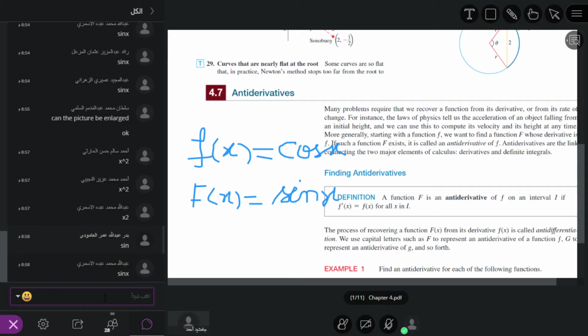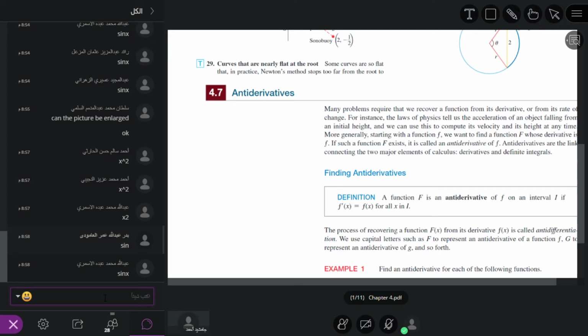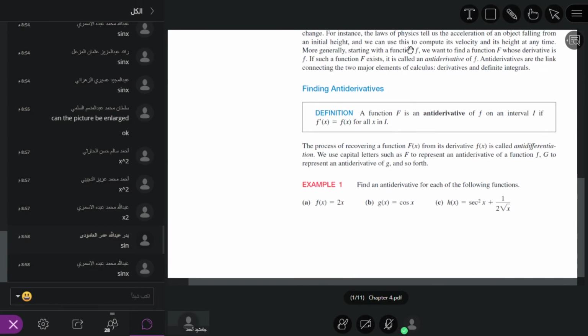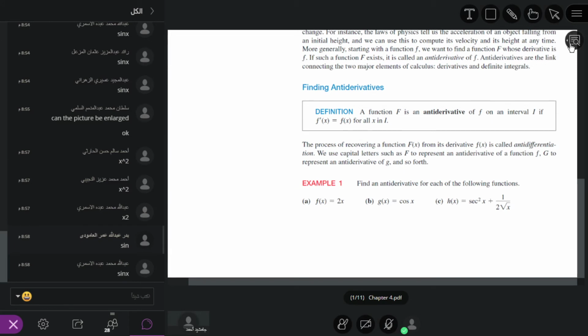Now we move to the examples. These examples are given here. If you see example number 1, find an antiderivative for each of the following. We have already solved one of these examples. Now we move to this one. The derivative of tan x is sec square x.